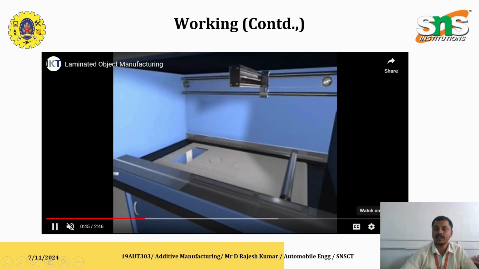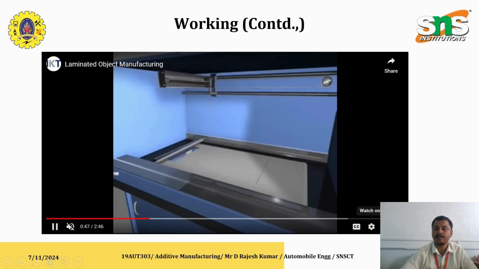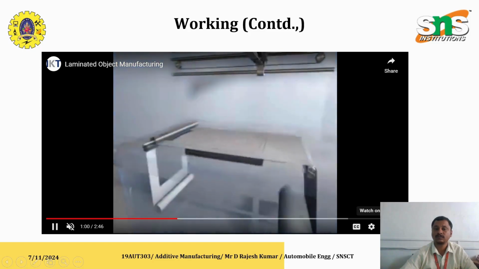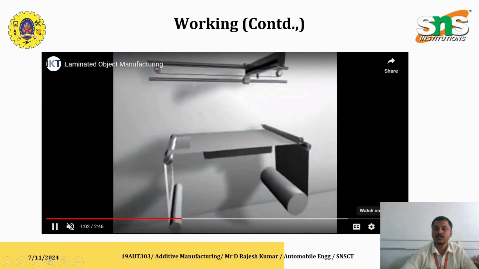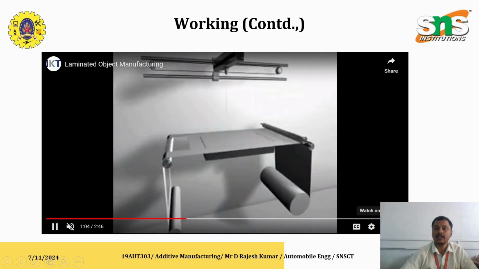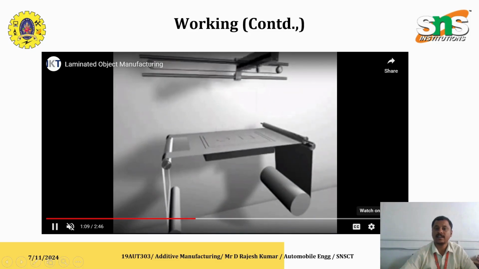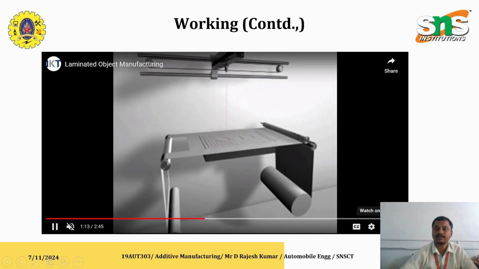Once the profile is cut, the paper moves to the left hand side. You can see how the working is done in the laser application.